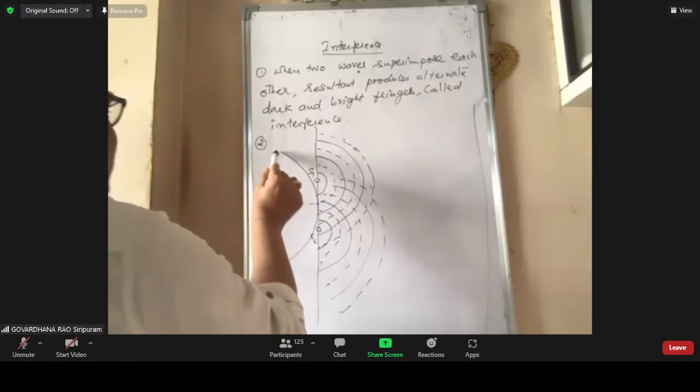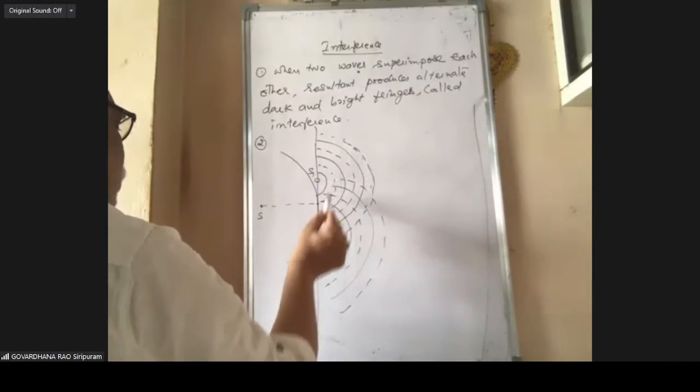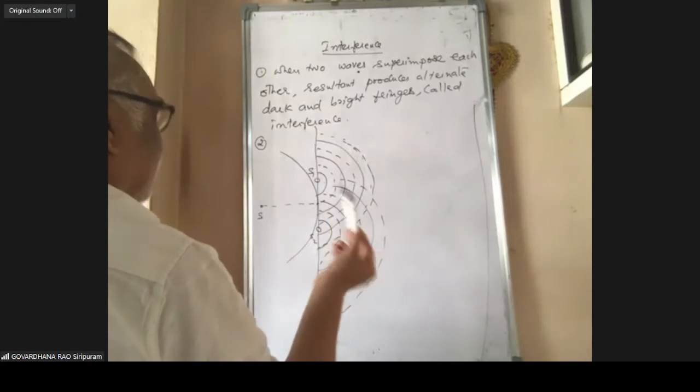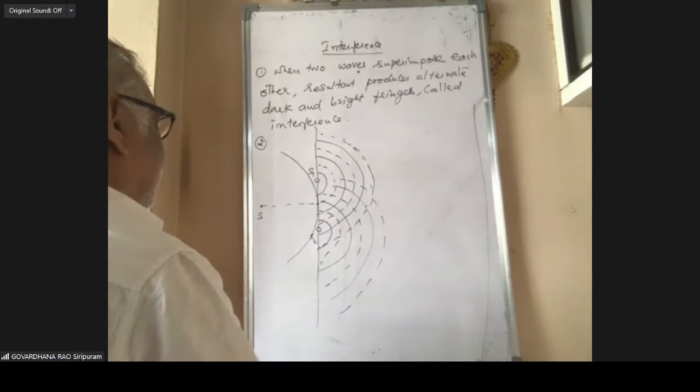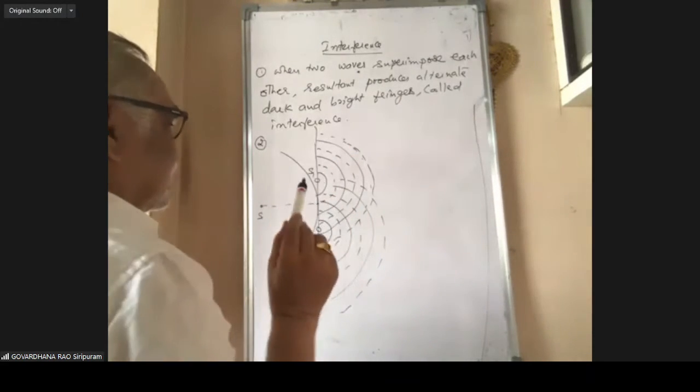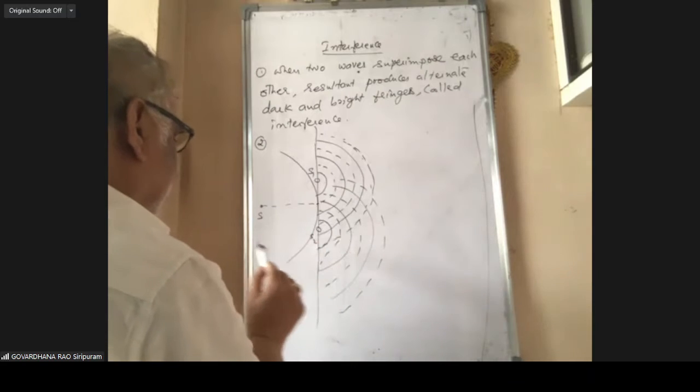That is, a single wavefront splits into two wavefronts, and these two wavefronts will combine with each other. Suppose solid line is crest, dotted line is trough.